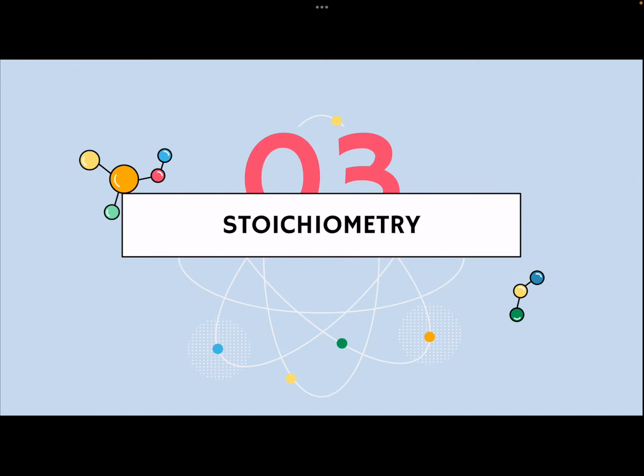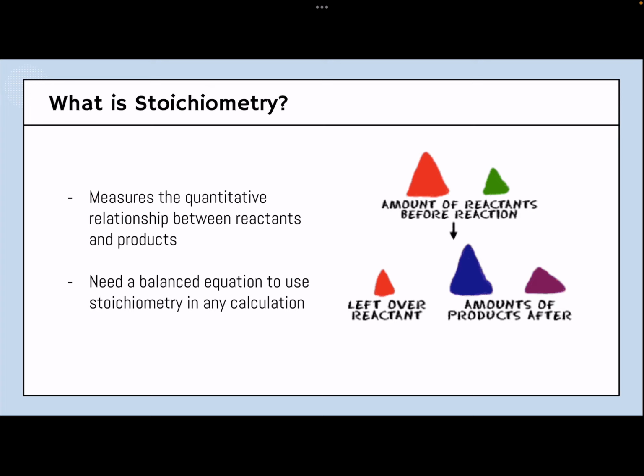The third topic is stoichiometry. It's the calculation of quantity in a chemical equation, and it can be used to make predictions of the outcomes from a given equation. It tells us the quantity of each reactant we need in order to achieve the desired amount of product or the amount of products we have produced.